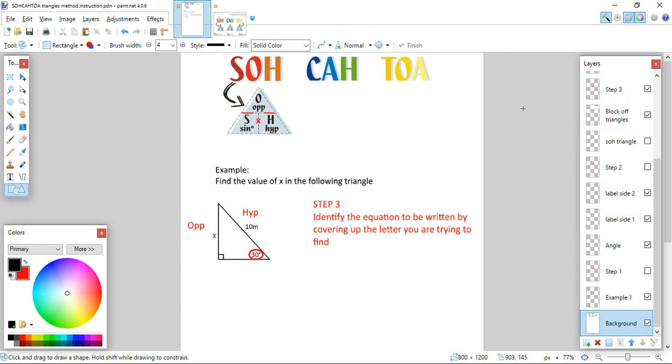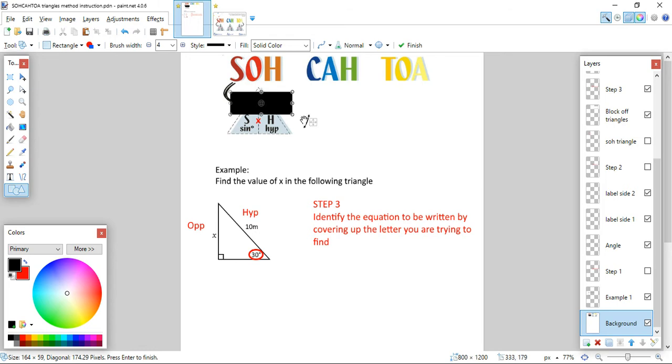For step 3, we need to identify the equation to be written. We do this by covering up the letter that we're trying to find on the SOH triangle here. So we're trying to find the opposite. So I'm going to cover that one up completely.